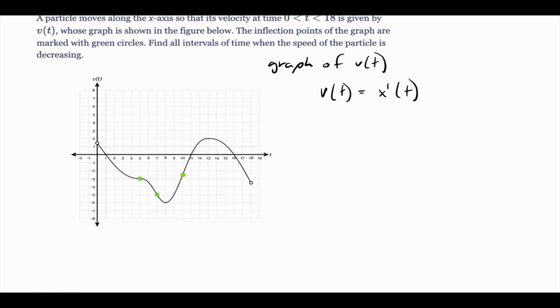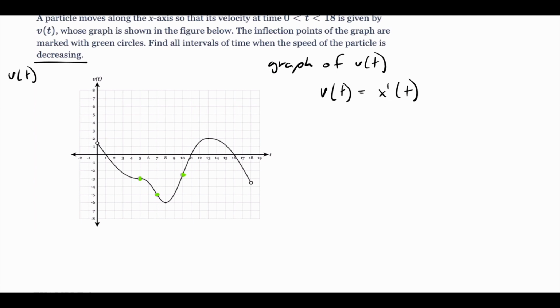Let's use terms that we see on here, in terms of position, velocity, acceleration. What is position? What are these going to be? Good. Go to that first page. First page has all the answers. When is speed decreasing?